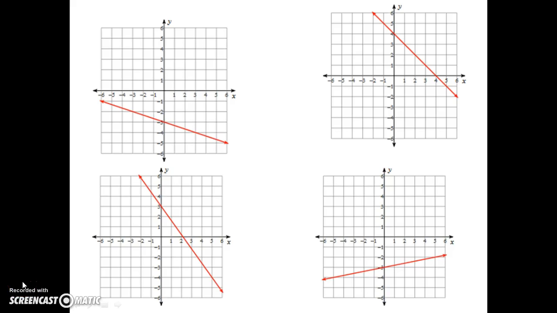So today we're just going to go through a brief lesson on how to write these in slope-intercept form. So again, the equation for slope-intercept form is y equals mx plus b, where m is slope, or in other words, how much you change.